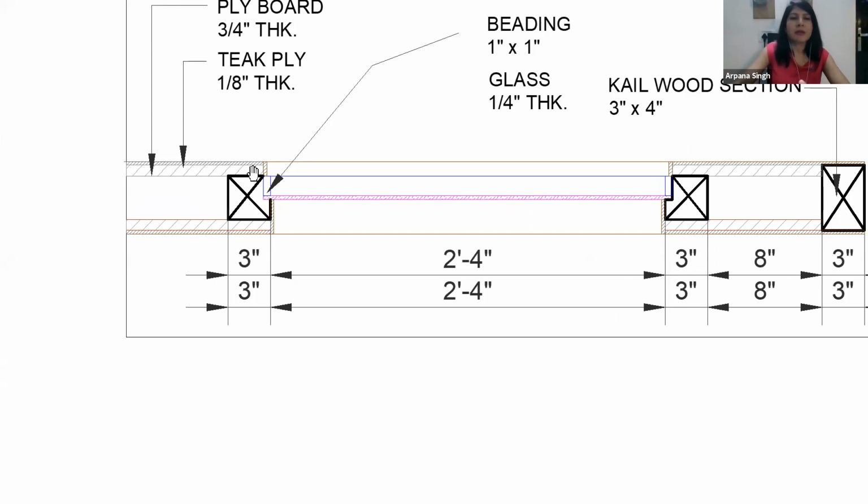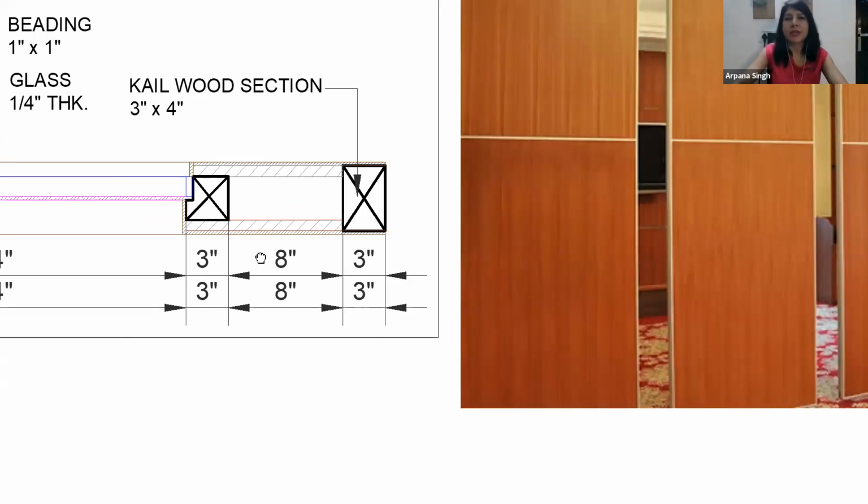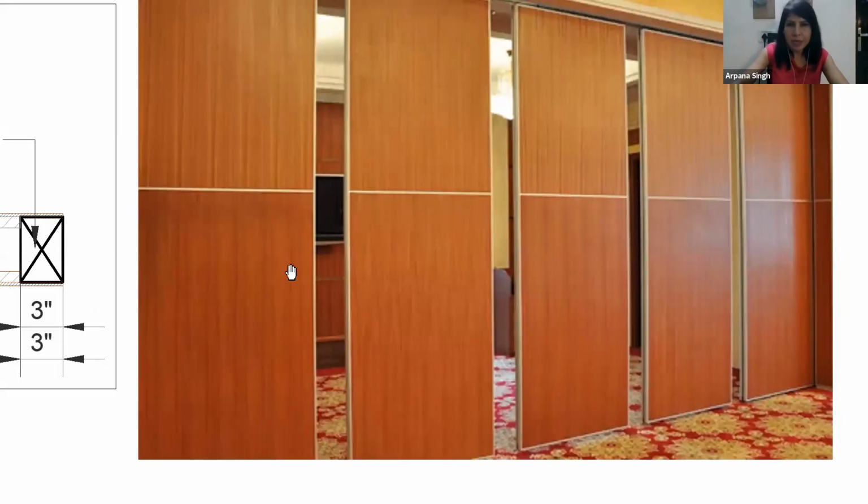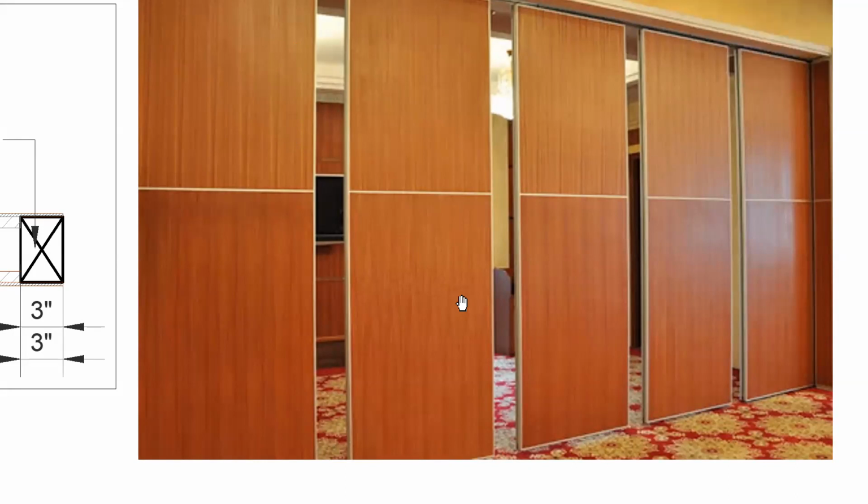So in this case, you cannot see the frame which goes inside the whole partition. You're able to see only the teak board on top, and then the glass, and then the teak board. The similar thing you get here. You get the teak board and glass and teak board. The frame goes inside.